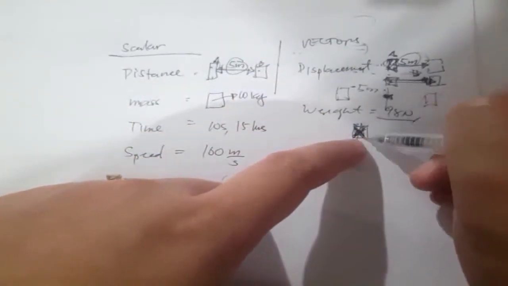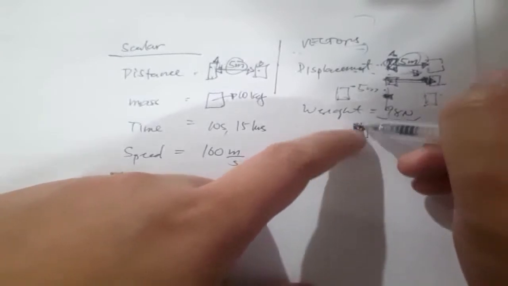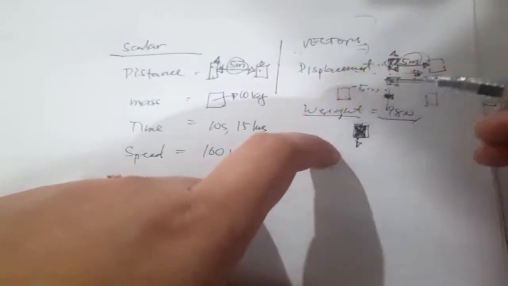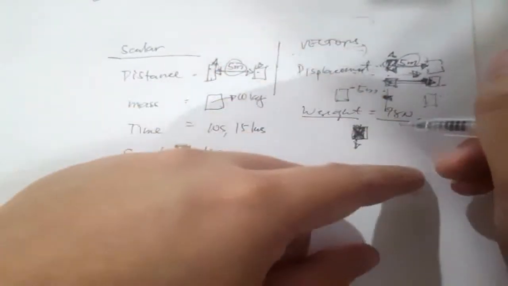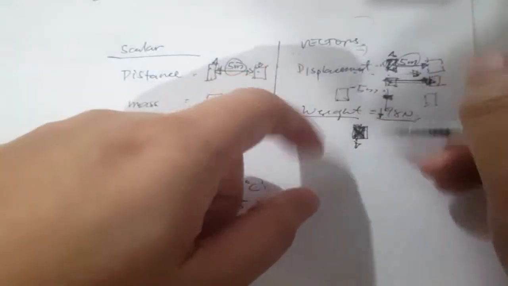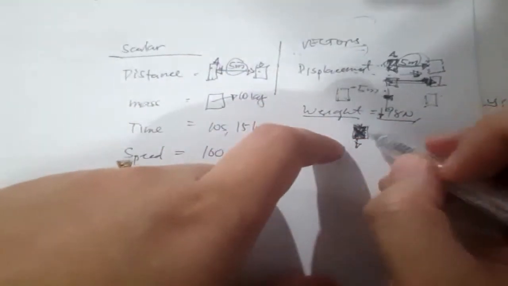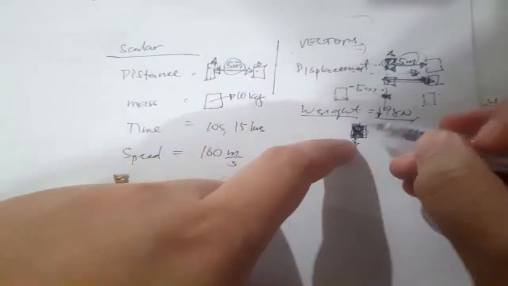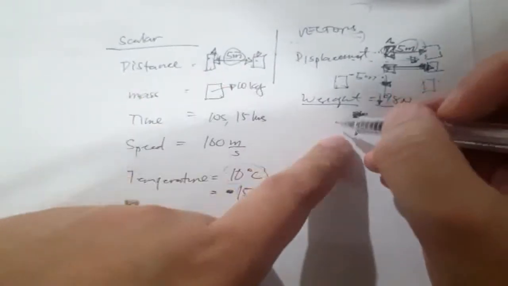The weight of the object is always pulling downward due to gravity. That's why weight is a vector, because of the gravity pulling these bags having a mass.